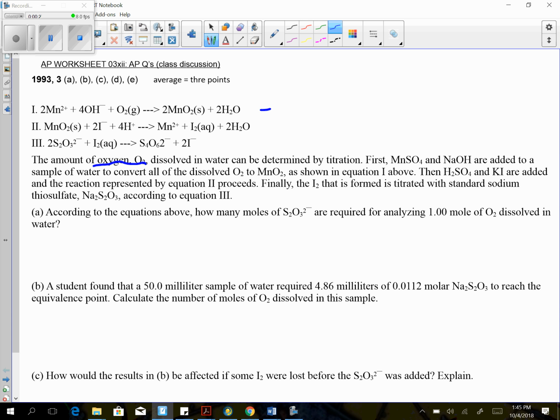And these 3 reactions happen to determine how much sodium thiosulfate is produced. So question A, according to the equations above, how many moles of thiosulfate are required for analyzing 1 mole of oxygen dissolved in water?